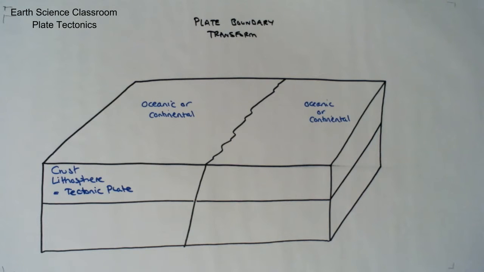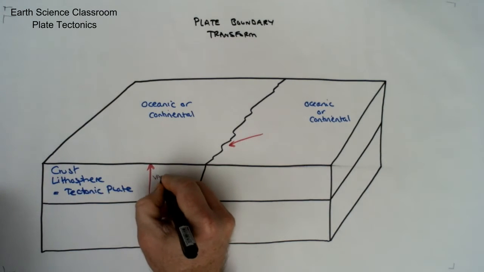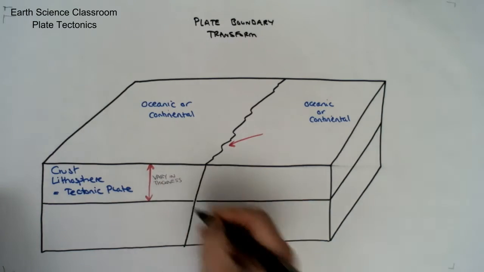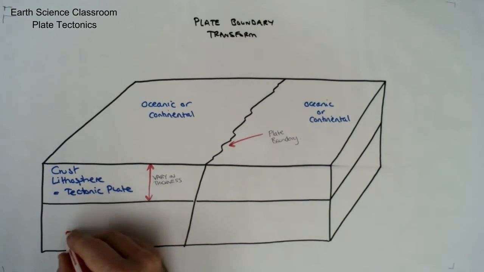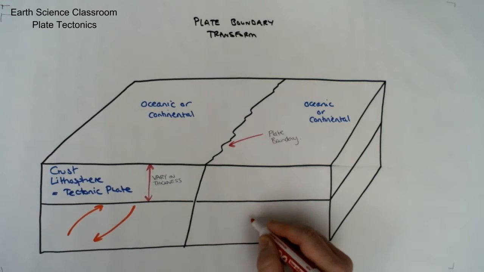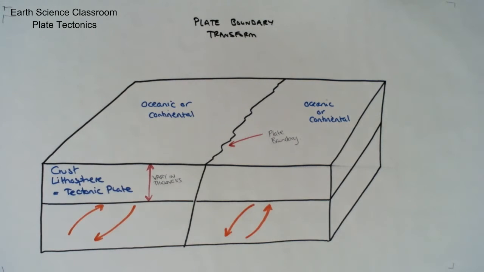This could be either oceanic or continental plates. And we have our convection currents in the asthenosphere.